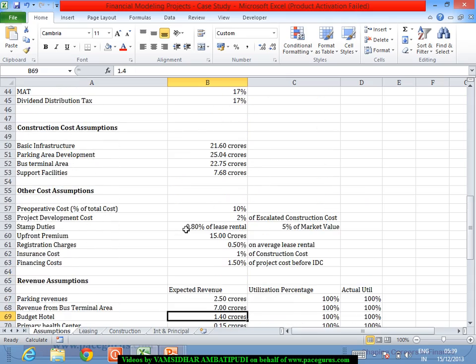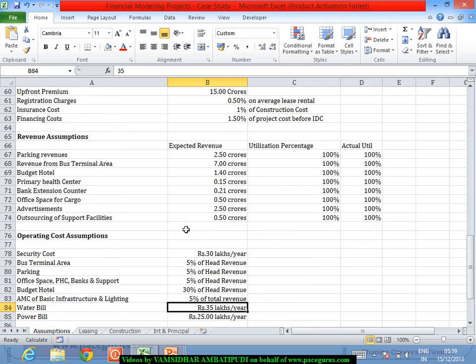If I look at here, yeah, parking revenues 2.5 crores at the current utilization levels. But of course, if the utilization level is something more or something less, we should either increase or decrease the revenue.